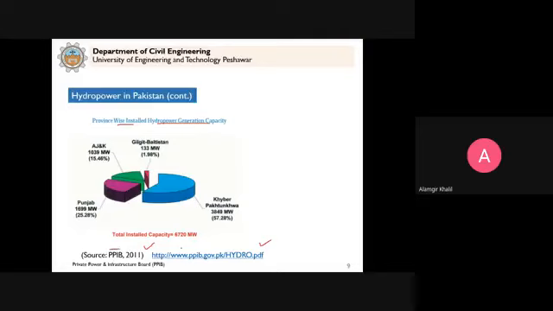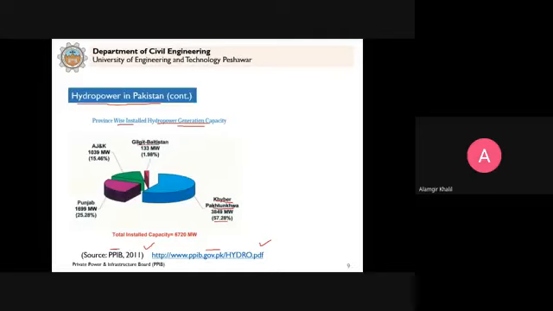You can go to the website, it is a government organization, that's why you see gov.pk. There you can see their annual reports, and you will find a lot of information about hydropower in Pakistan. In that source, we can see that Khyber Pakhtunkhwa is contributing around 57% of the hydropower generation capacity.